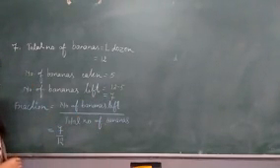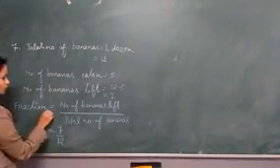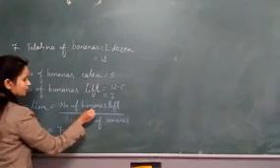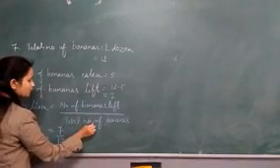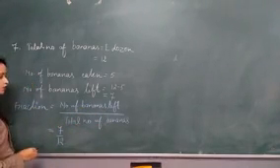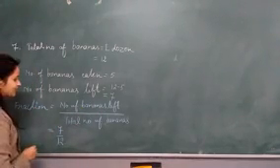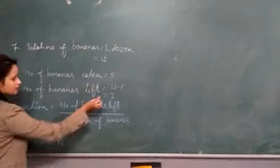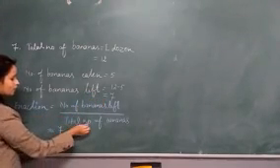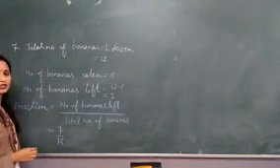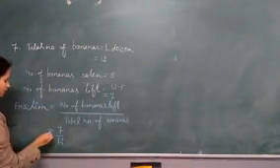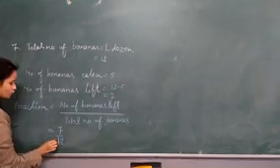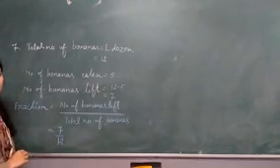Now we will find the fraction. Fraction is equal to the number of bananas left upon the total number of bananas. Now we will substitute again. Number of bananas left, that is 7, and total number of bananas is 12. So our fraction will be 7 upon 12, and it is our answer.